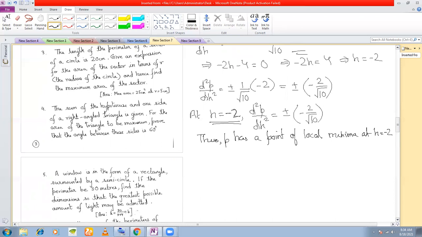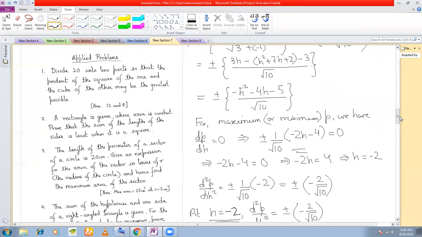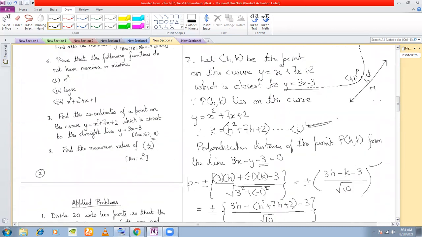Okay. Now because the coordinate has the x coordinate and the y coordinate, we have only got the x coordinate of the point. How will I find out the y coordinate? I will find out the y coordinate by putting the value of h in 1.